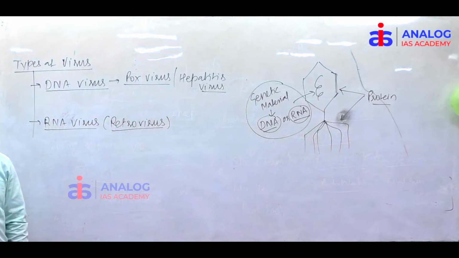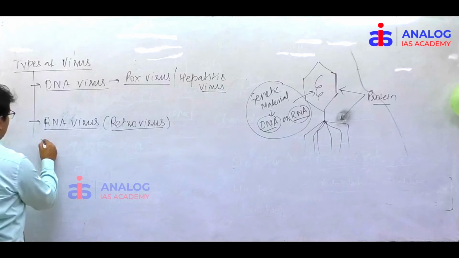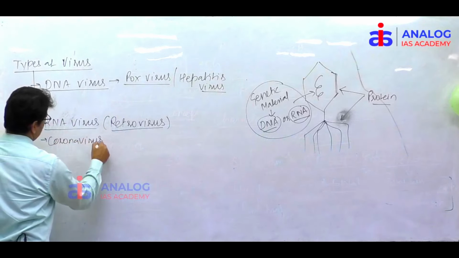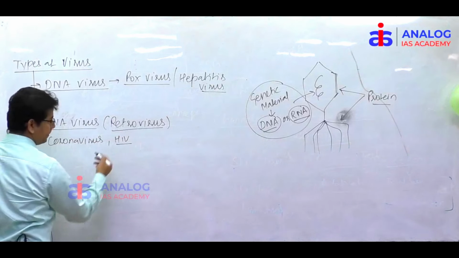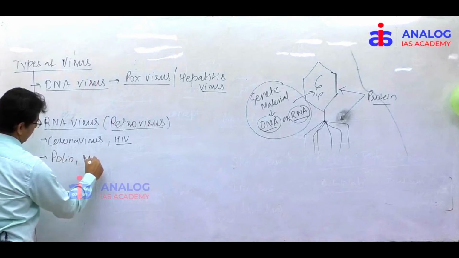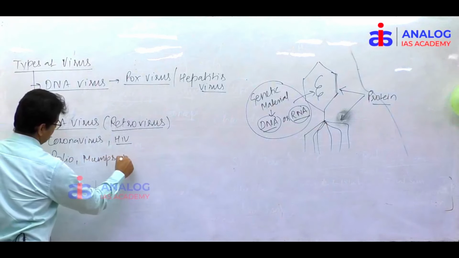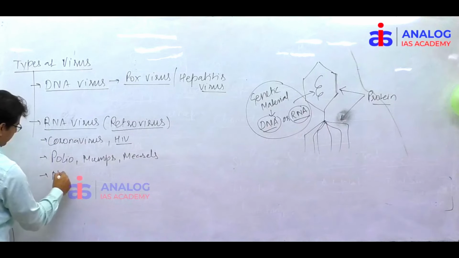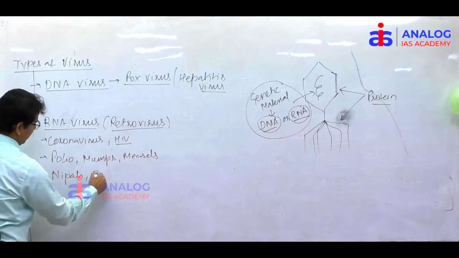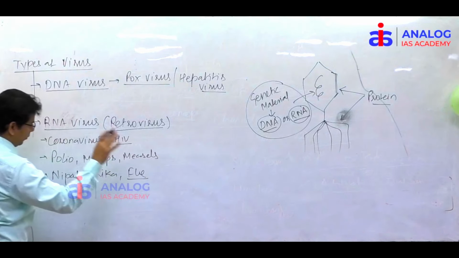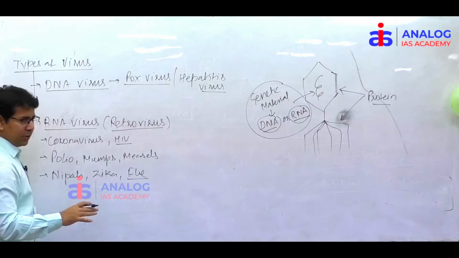You get my point? Let's say the most common coronavirus, even more common HIV, polio, mumps, measles, Nipah virus, Zika virus, any kind of flu virus, any flu, influenza flu, whatever it is.